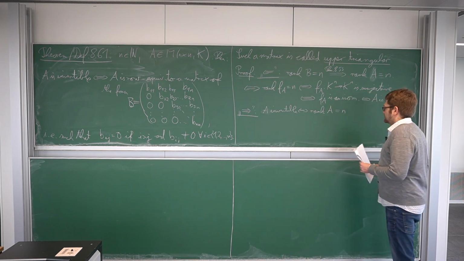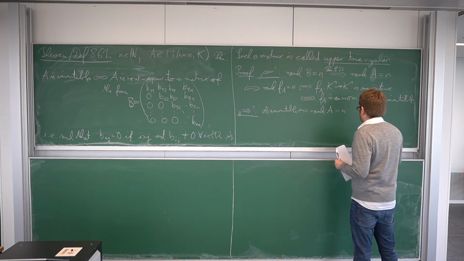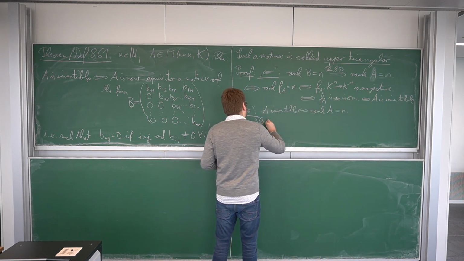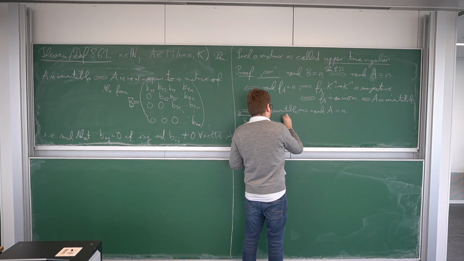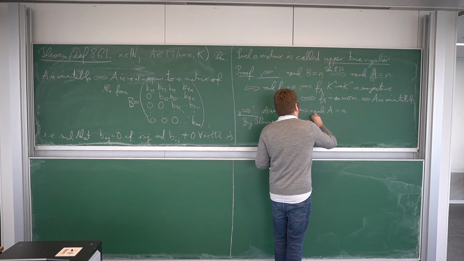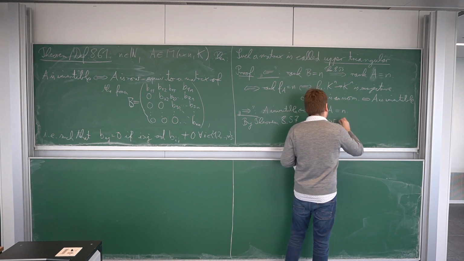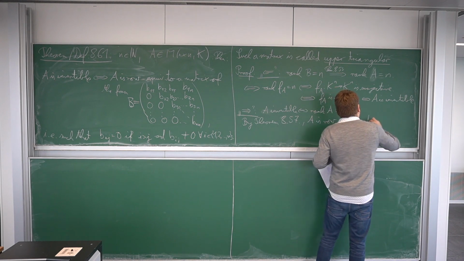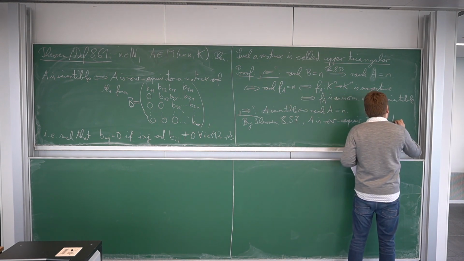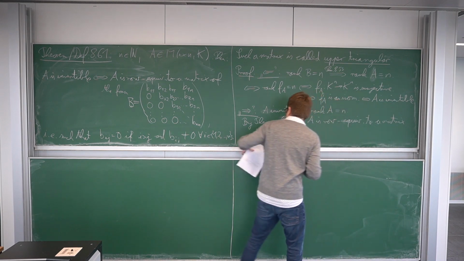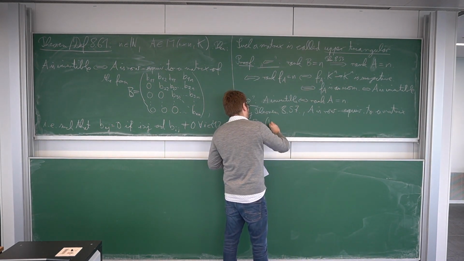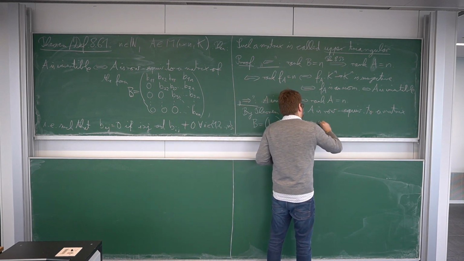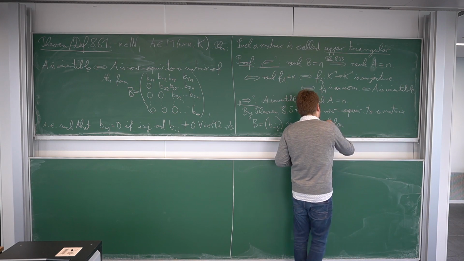So we've seen that by Theorem 857, A is row equivalent to a matrix B, whose entries I will call Bij, in row echelon form.